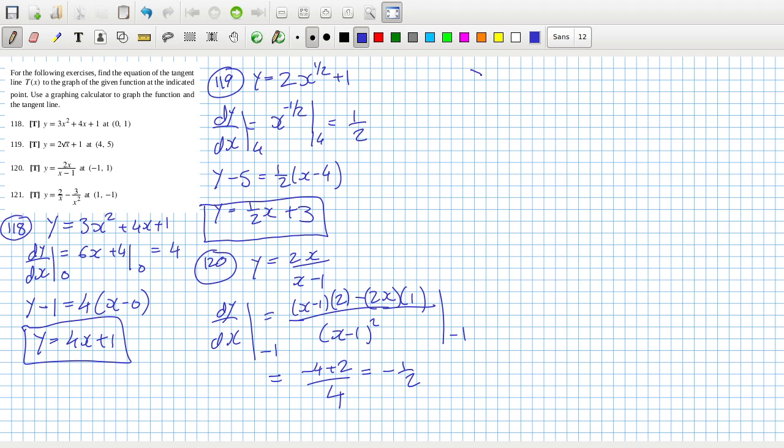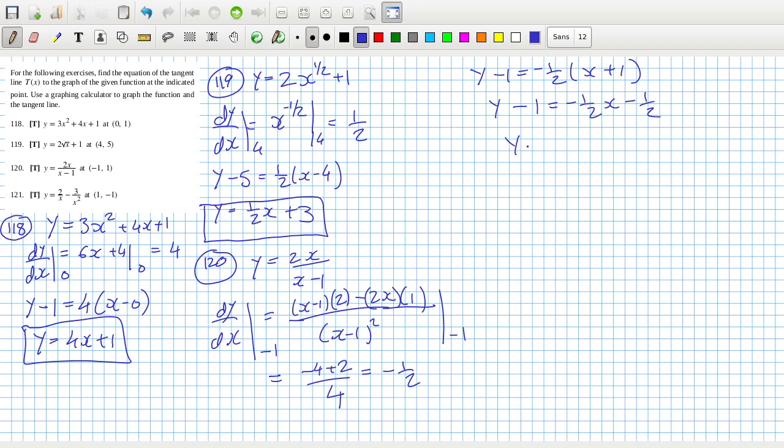So we'll have y minus y1 equals m times x minus x1. y minus 1 equals minus a half x minus a half plus 1. So, oh, okay, minus a half.